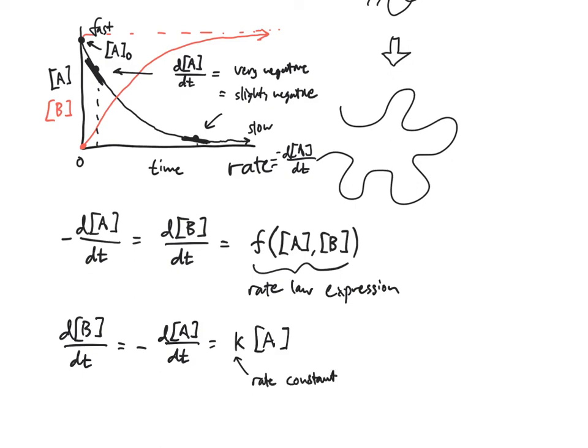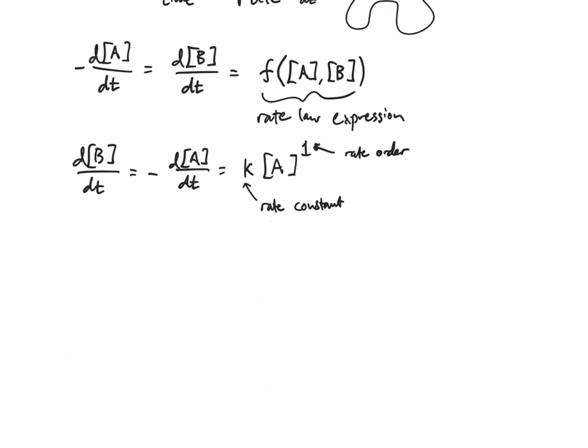And we'll look at rate constants a little bit more. I also want to put a little 1 up here because if that concentration is raised to the 1 power, then that means it's just that value, concentration. And this is called the rate order. And in this case it's 1, but it could be a different number.